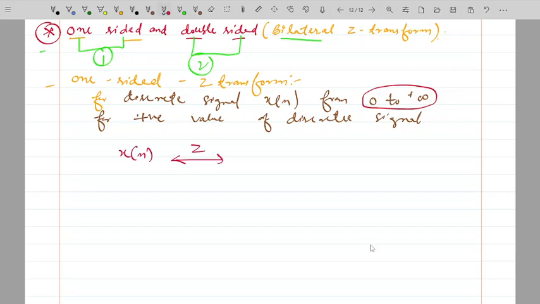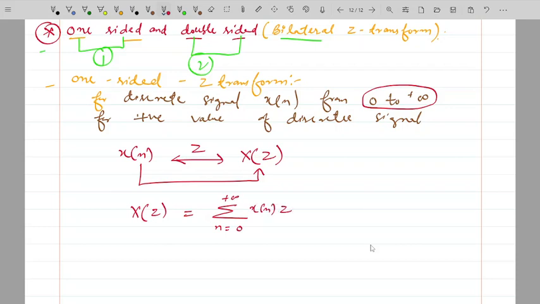Here we are transforming our discrete signal into the Z domain, and the equation for that is x of z equal to the summation, with n starting from 0 to plus infinity, of x of n, z to the power of minus n. Here x of n has discrete values from 0 to plus infinity.